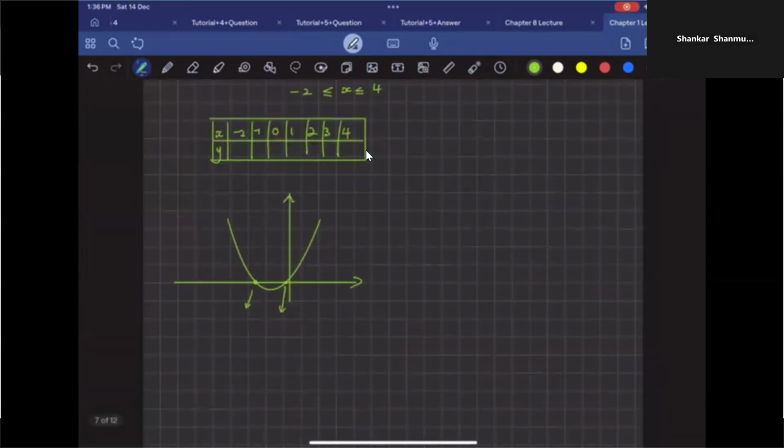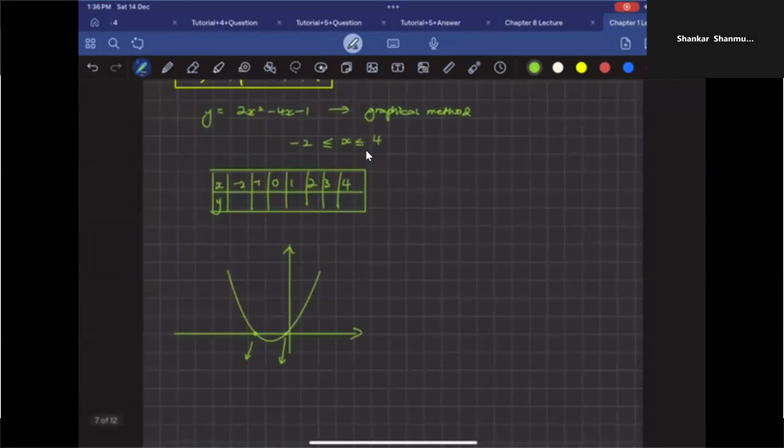Okay, let me go through another example. So let's look at this. y is equal to x squared minus 4x plus 4. So again, same concept.